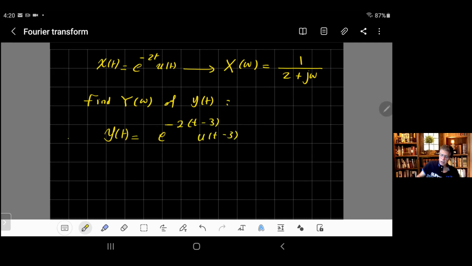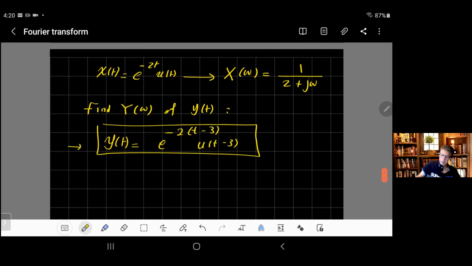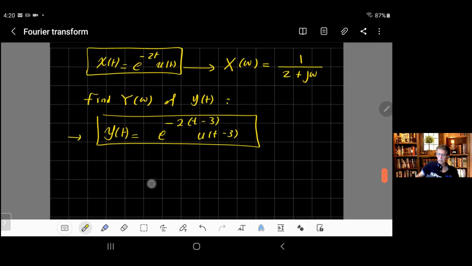So it's a new function, but when you look at it, it's related to the original one. It's e to the minus 2t multiplied by u of t, but with a time shift here, 3, where t is replaced by t minus 3.